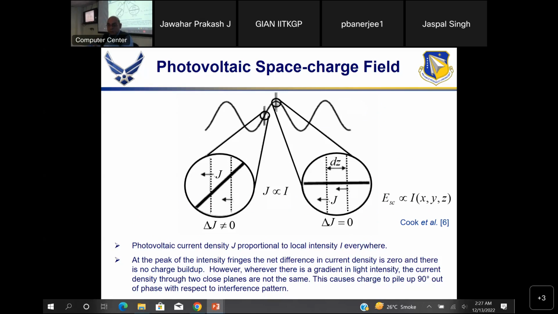You okay with that? So this is one of the contributions. Not that it does not have diffusion, it has diffusion, but the majority contribution comes from this photovoltaic effect.